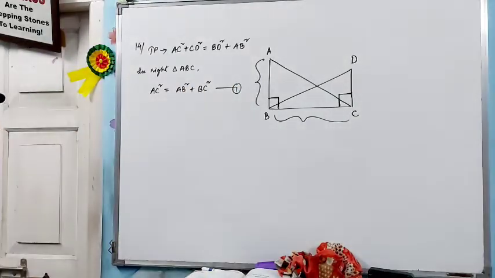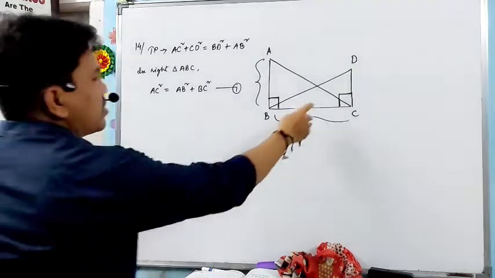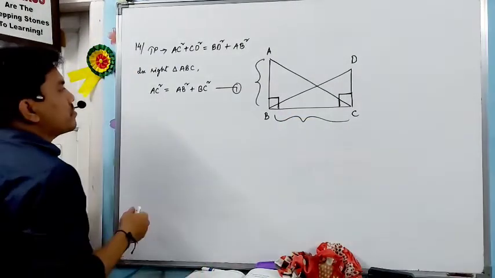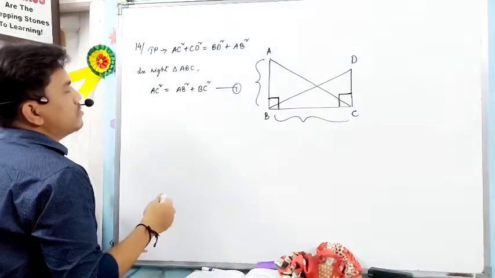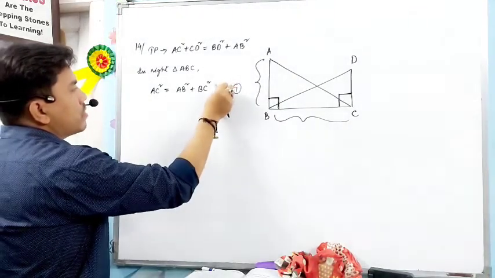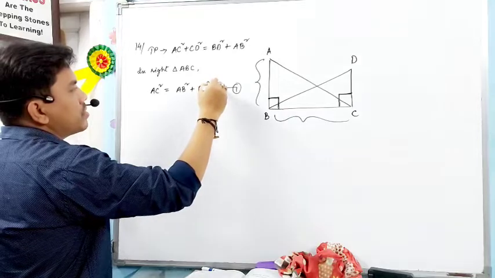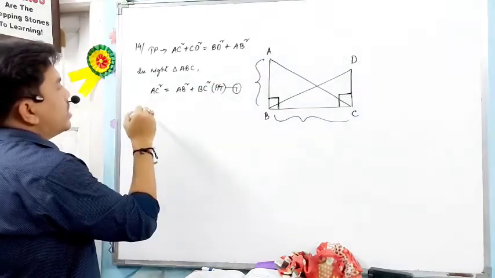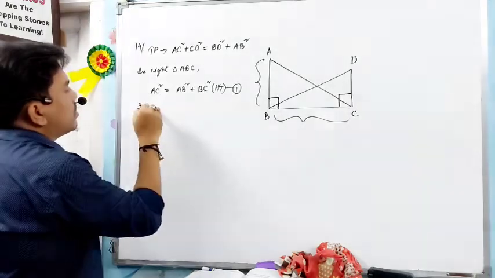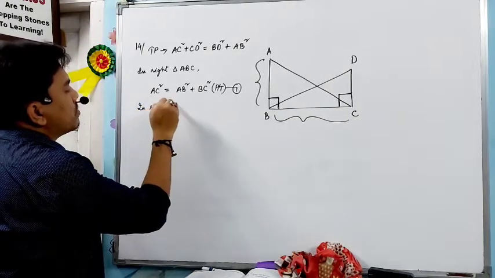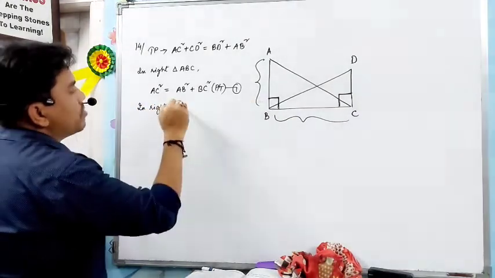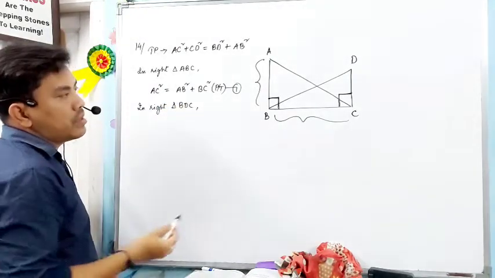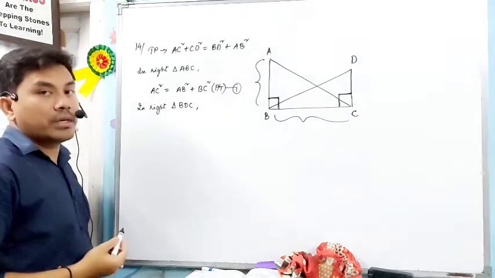Now the other triangle, there also we will apply Pythagoras theorem. In right triangle BDC, BD is the hypotenuse.